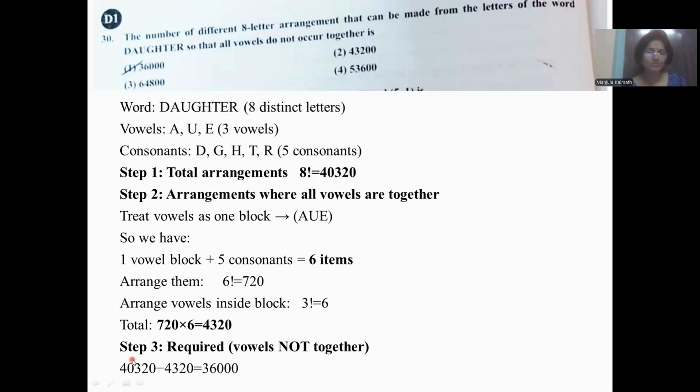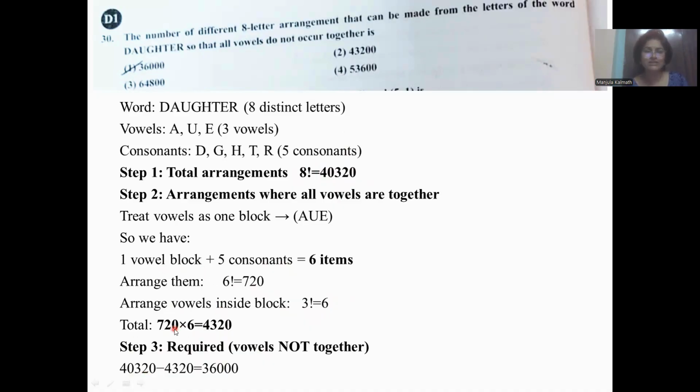Then next step, required vowels not together. If we consider the vowels together, they will be considered as one component and among themselves they will have different arrangements. Suppose these vowels are not together, then we consider total 8 letters as distinct, and that 8 factorial equals to this much, that is 40,320.